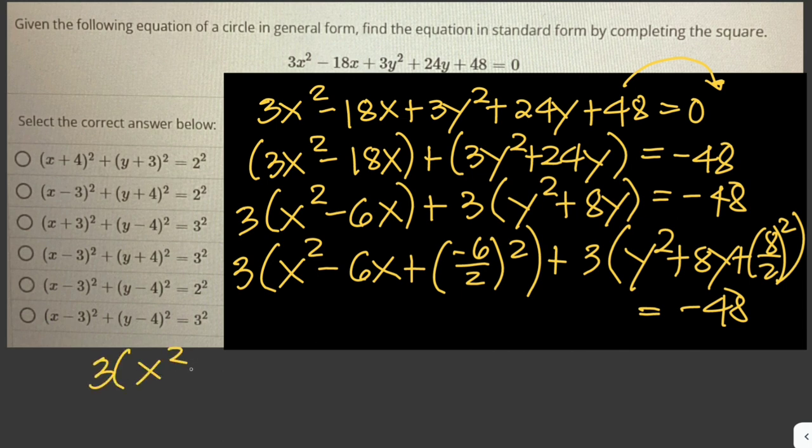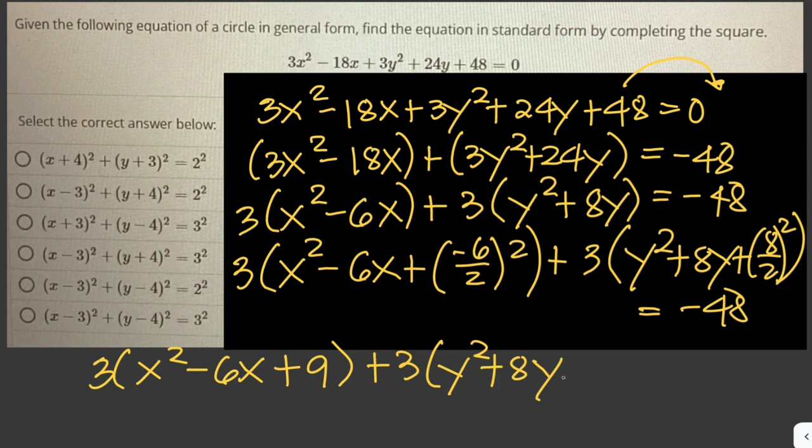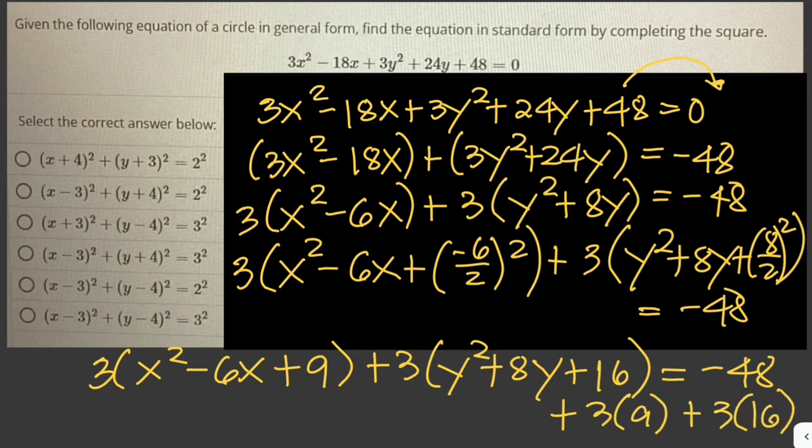Negative 6 over 2 is negative 3. Negative 3 squared is 9. 8 divided by 2 is 4. Then 4 squared is 16. Equals negative 48. And then whatever we add on the left, we add to the right. Negative 48 plus 3 times 9 plus 3 times 16.